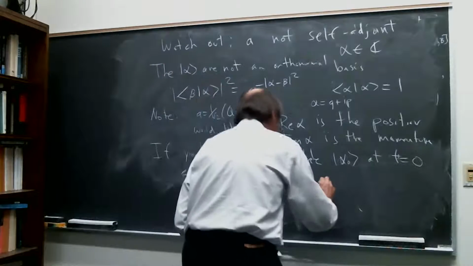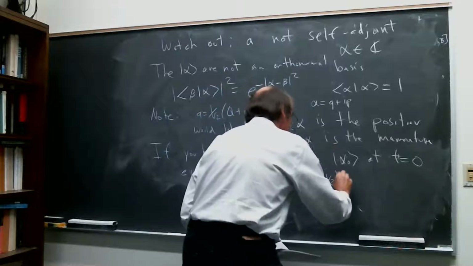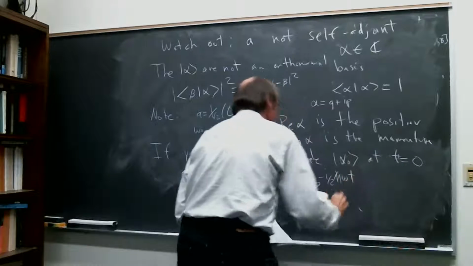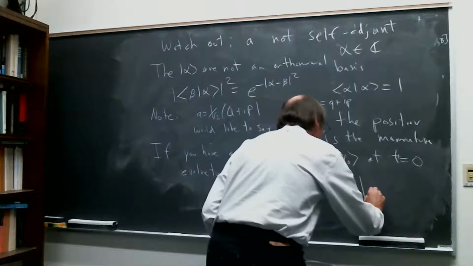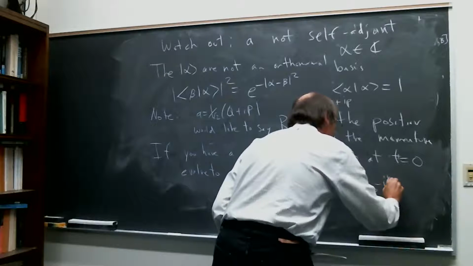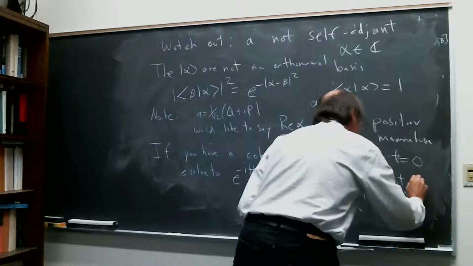It is e to the minus i a half, and I'll put the h bar omega back in, times e to the minus i omega t, alpha 0.